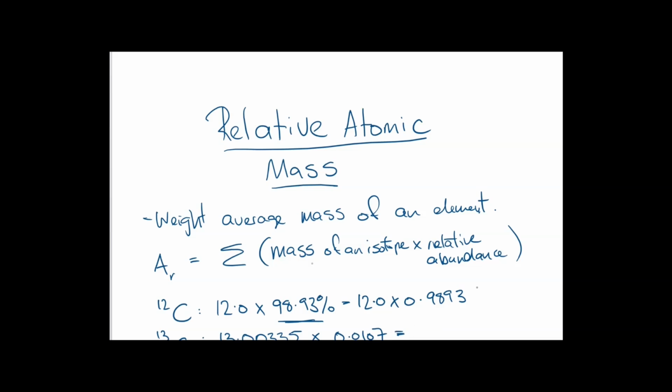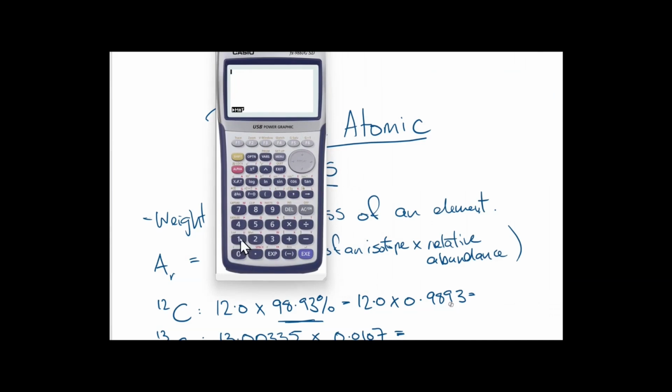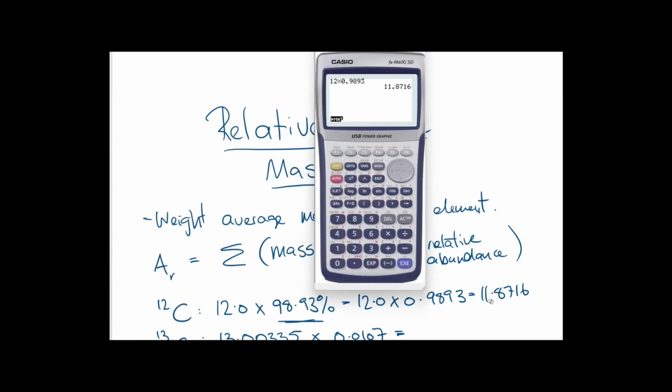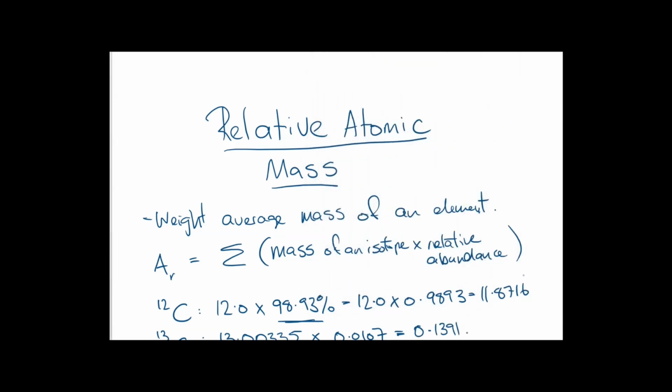Okay, and if we add those together, we're going to get the weighted average of carbon on Earth. So we go to Mr. Casio, 12 times 0.9893, 11.8716 atomic mass units, and for carbon 13, the mass of that is 13.00335 times 0.0107 is that, so 0.1391 atomic mass units.